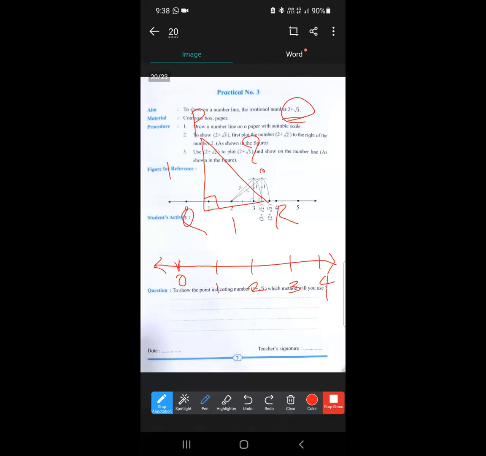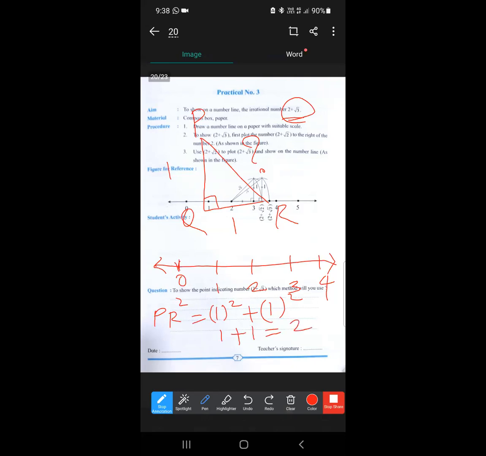So what is the Pythagoras theorem? The square of the hypotenuse, that is PR square, equals the sum of the squares of the remaining two sides, that is PQ square plus QR square. PQ is 1, so 1 square, plus QR is 1, 1 square. 1 plus 1 is 2.